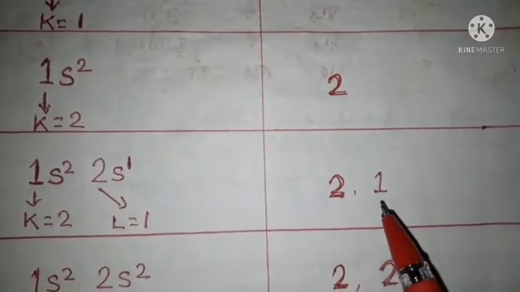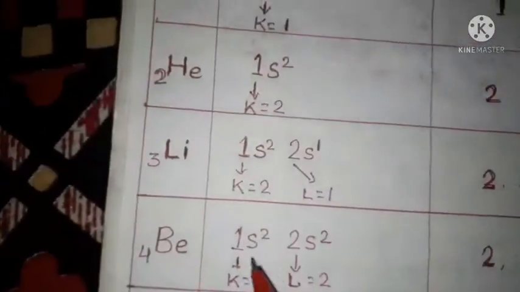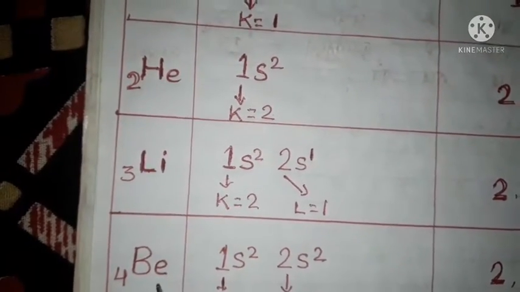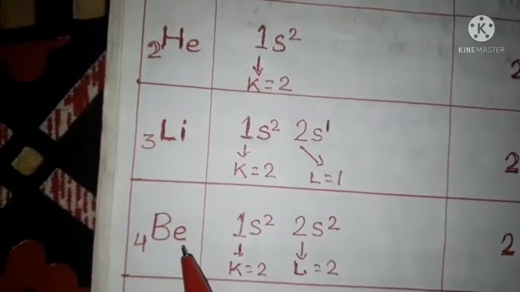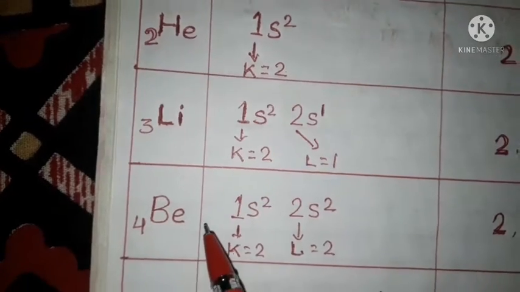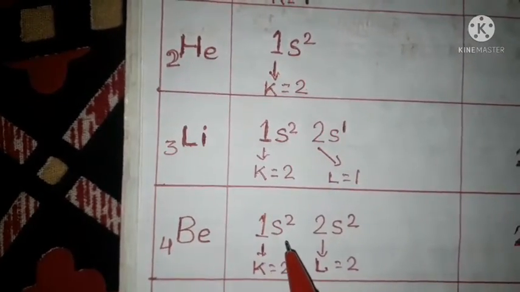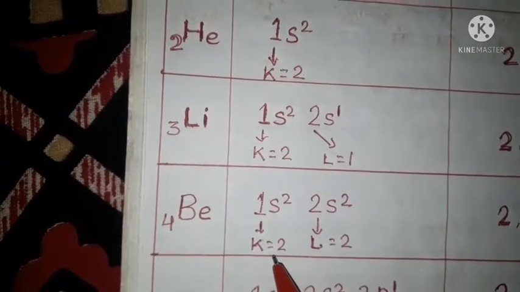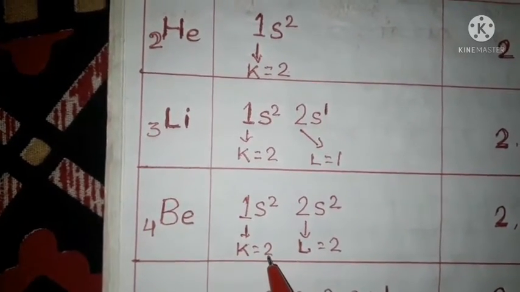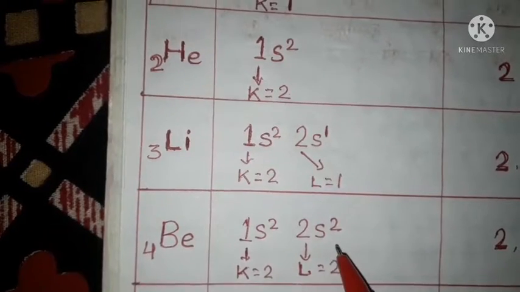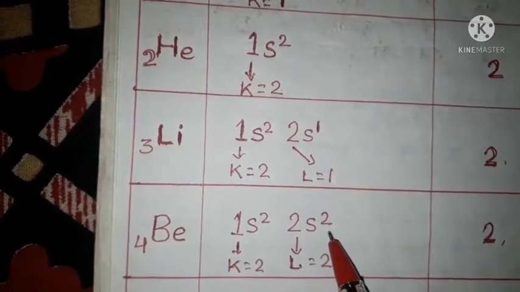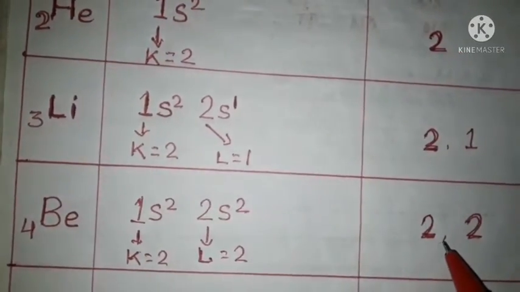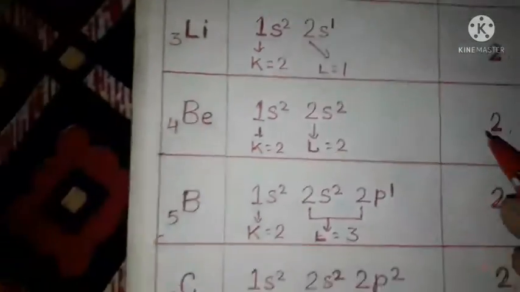Now we write it 2, 1. Like this, beryllium, we know that Z of beryllium is 4, so 1s2, that means K in which 2 electrons are included, and 2s2, that means L shell in which 2 electrons are included. We write in another form 2, 2.